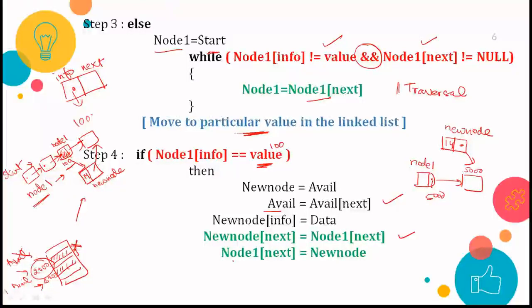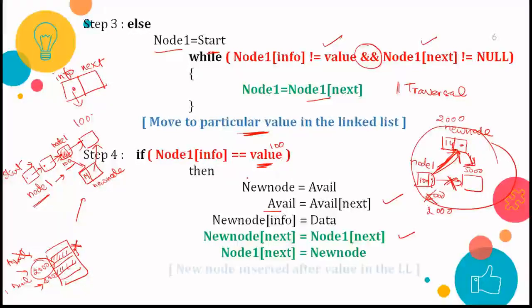This is maintained, and then node 1 next is no more going to contain 5000, but it will be updated with the new node address, which as we have told you here is 2000. So now it is going to store 2000. In this way, the old connection is no more there, and we have a new set of connections: this node is connected to this, and this node is connected to this. In this way, the new node has been inserted after the given value.